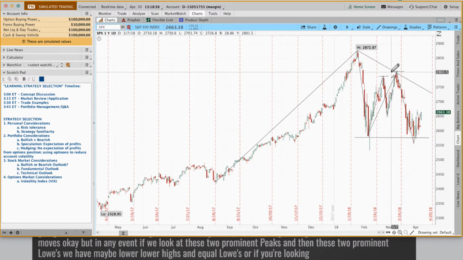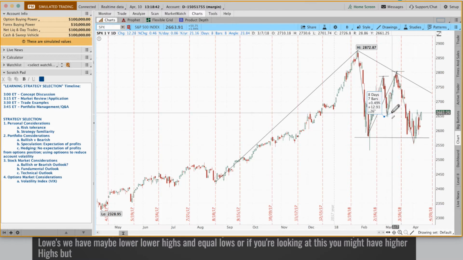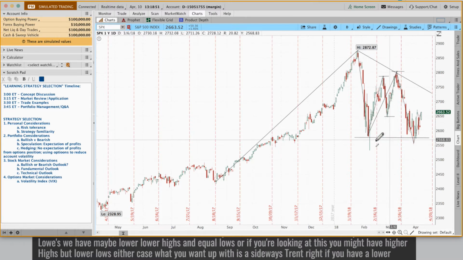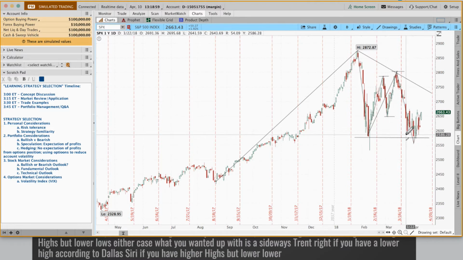Or if you were looking at this, you might have higher highs but lower lows. Either case, what you wind up with is a sideways trend, right? If you have lower highs but equal lows, that's a sideways trend, according to Dow theory. If you have higher highs but lower lows, once again, sideways trend.